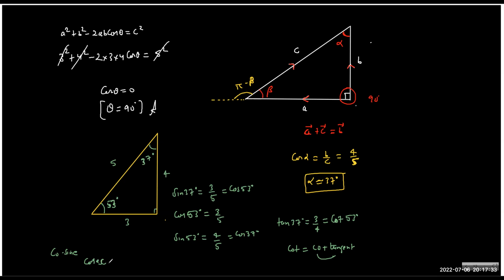Okay, sec means basically secant, a secant line. So secant, cosecant, tangent, cotangent, sine, cosine. So we have like this: sine, cosine, tangent, cotangent, secant, cosecant. Simple.